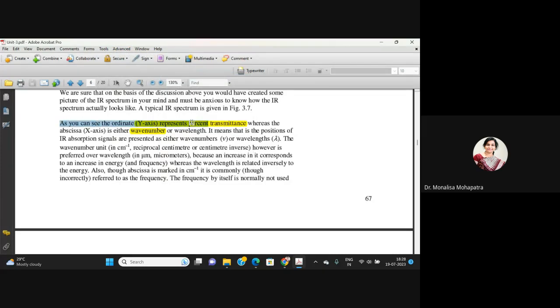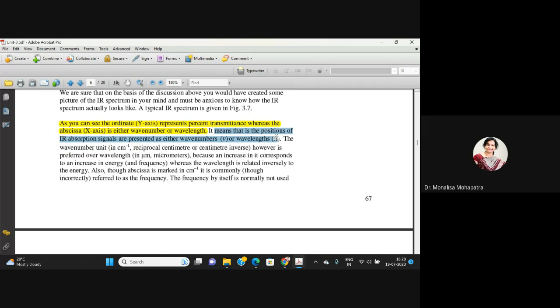The ordinate, the y-axis, represents percentage of transmittance, whereas the x-axis, you can take either wave number or wavelength. You can't take both. It means that the position of an IR absorption signal is presented as either wavelength or wave number.